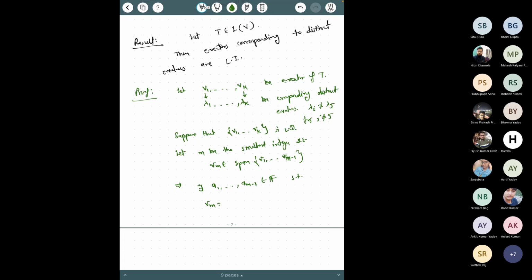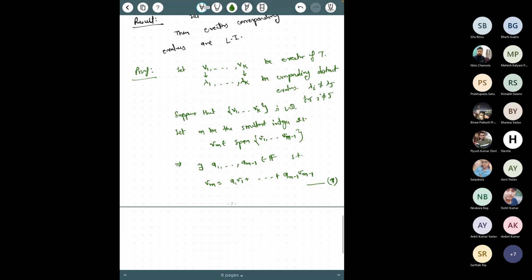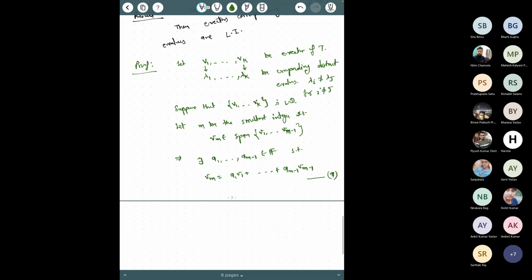Now, as you were saying, apply T on star from the left. Then the left hand side would be lambda m vm, and the right hand side would be a1 lambda 1 v1 and so on up to am minus 1 lambda m minus 1 vm minus 1. Let us call this double star.